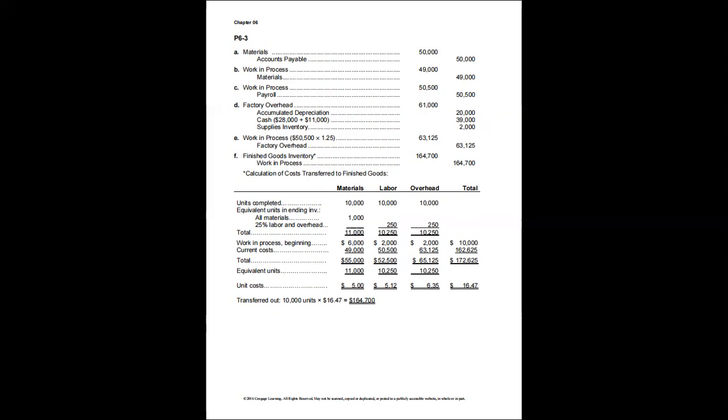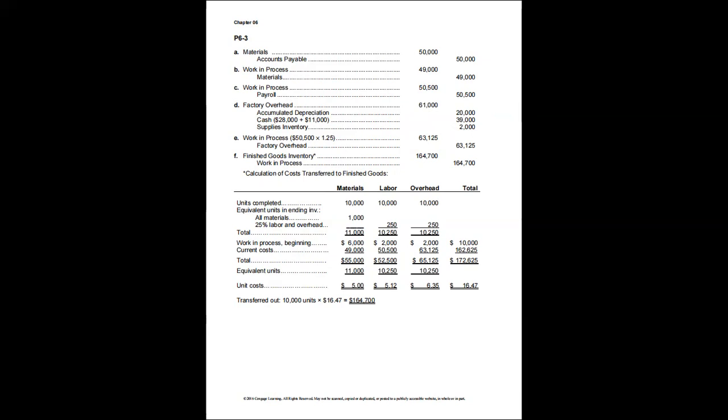Direct labor cost of 50,500 multiplied by 125%. So we get 63,125 and credit to factory overhead, or factory overhead applied. Then in letter F, completed and transferred 10,000 units to finished goods.